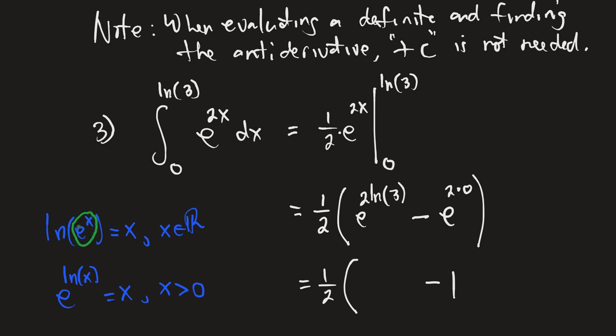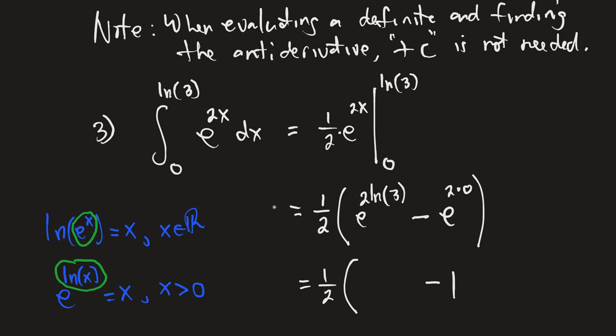The e to the x is evaluated first here, and the domain of e to the x is all reals. The ln of x is evaluated first here, and its domain is x greater than 0, right? Its natural domain. But in order to use this property, I have to somehow do something with this 2.